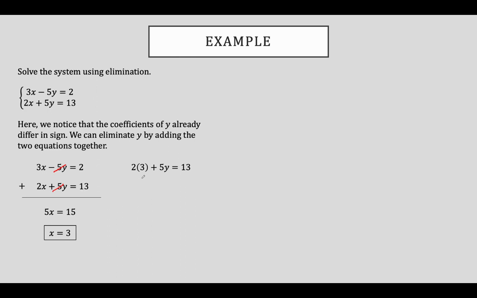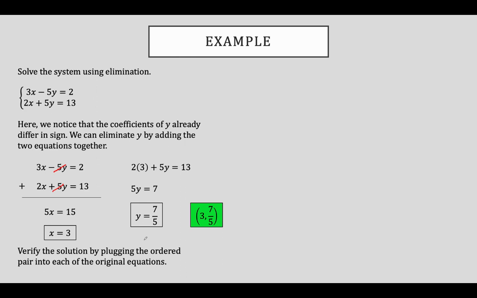That gives me 6 plus 5y equals 13. If I subtract 6, I get 5y is equal to 7, which tells me that y is equal to 7 over 5. Once we identify x and y, we want to write our final answer as an ordered pair. (3, 7/5) is my final answer.